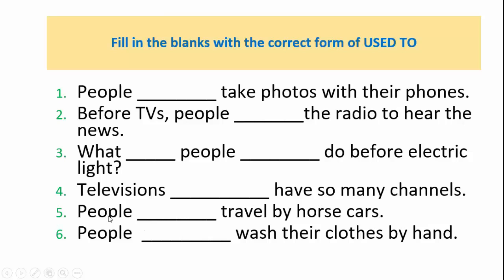Number 5. People travel by horse cars. And 6. People wash their clothes by hand. We will fill in the blanks with the correct form of used to. You can use the affirmative form, negative form, or the question form. Now you can do the activity.